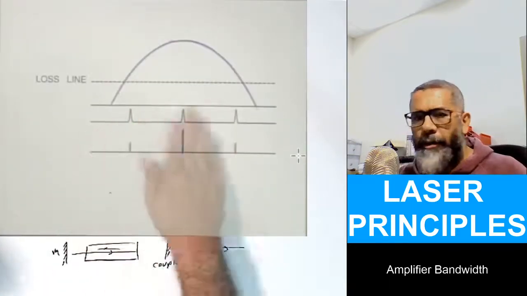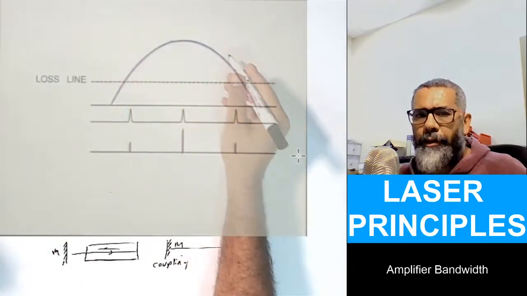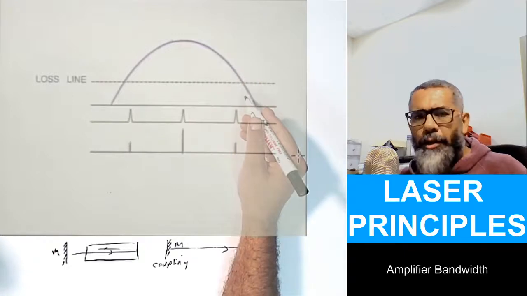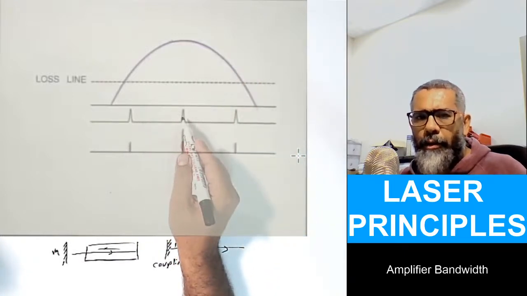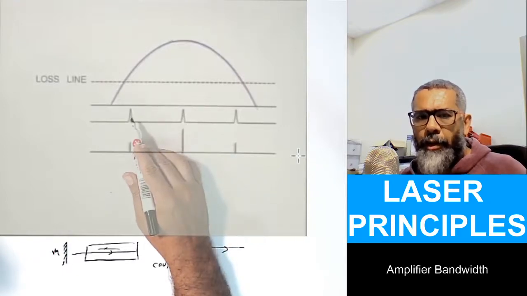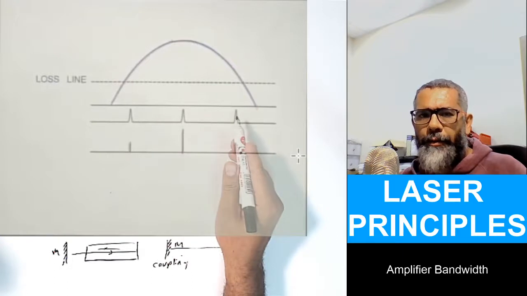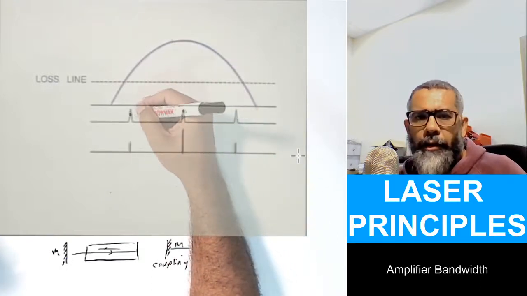that this bandwidth of the amplifier is so large that it amplifies not only one frequency, but also in this picture, this frequency and this frequency will get amplified. So why do we think that, for example, this particular frequency will get amplified?